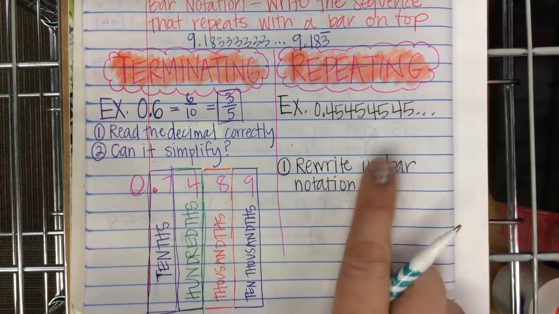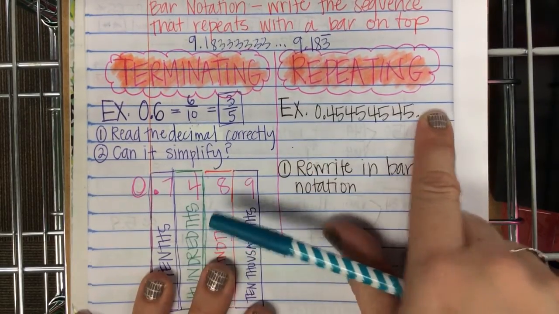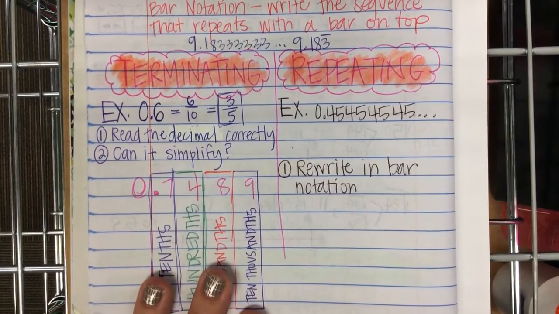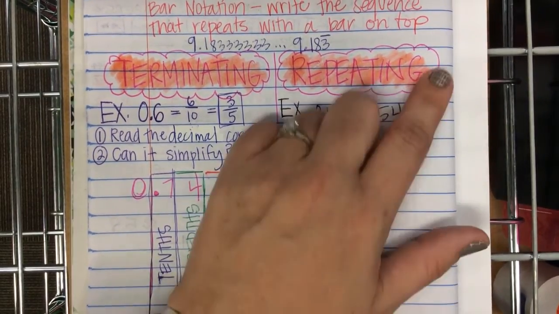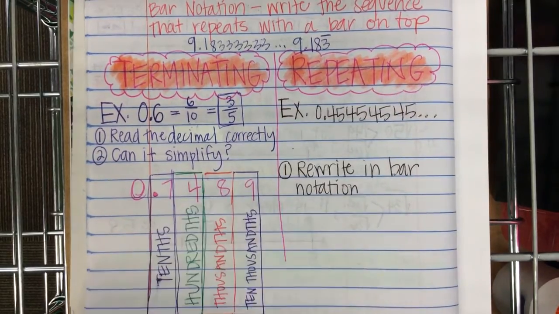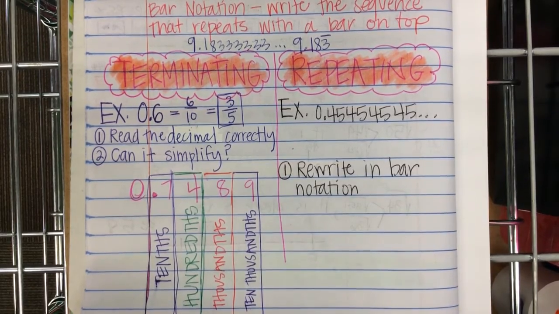Most of the time, ladies and gentlemen, number 1 is already done for you. The only people who write repeating decimals like this are math teachers that are asking you, is this a repeating decimal? Or math teachers who are saying, hey, write this in bar notation. Everybody else just skips to the bar notation.